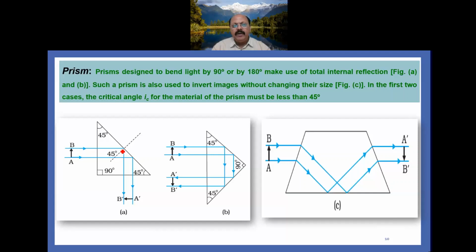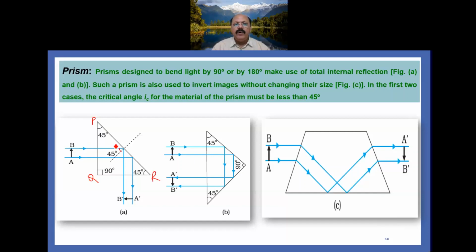We can mark the prism like that: P, Q, and then R. So when the ray of light travels from point B incident on the PQ surface of the prism, which is normal incidence, it passes straight and is incident onto the PR surface of the prism making an angle of 45 degree, which is greater than the critical angle for the pair of media in contact, that is air and the glass material of the prism.